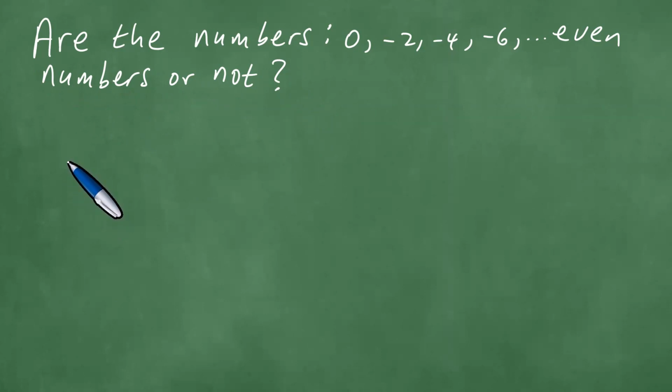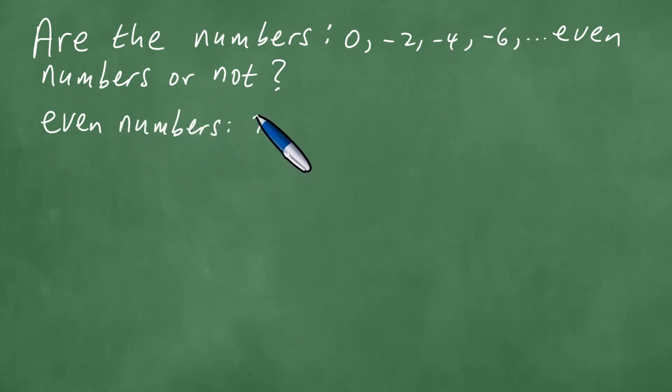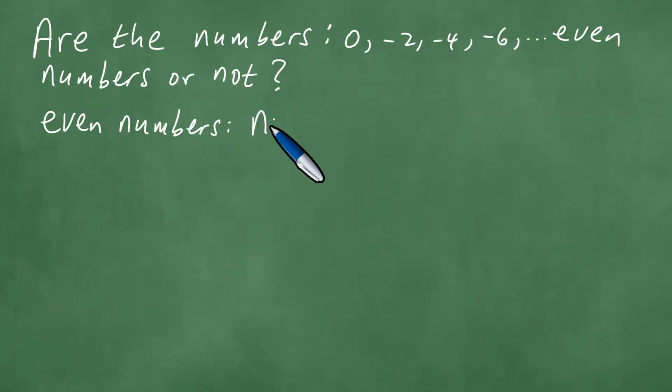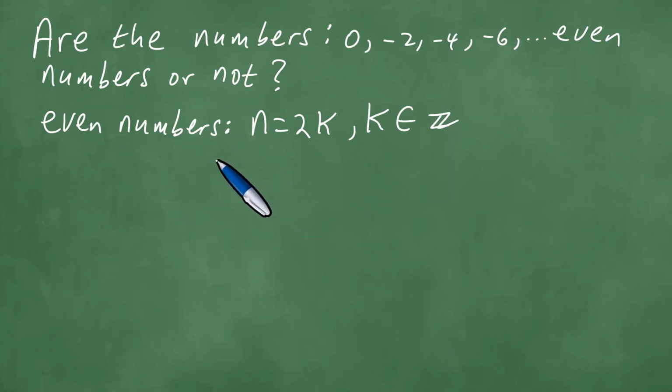We first note that even numbers are of the form n equals 2k, where k is an integer.